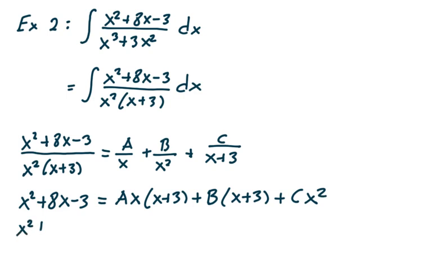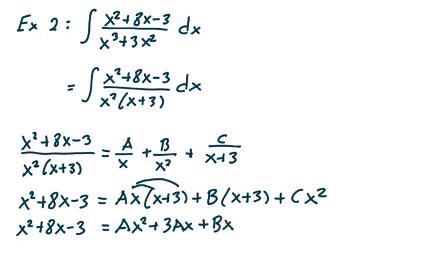So x squared plus 8x minus 3 on the left is Ax squared plus 3Ax plus, right? So notice I'm just distributing the Ax inside to each term within the parentheses, okay? And then I'm going to go Bx plus 3B plus Cx squared. Just like this.